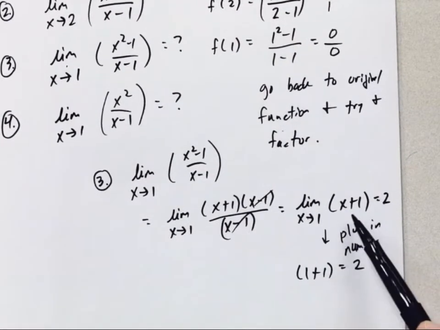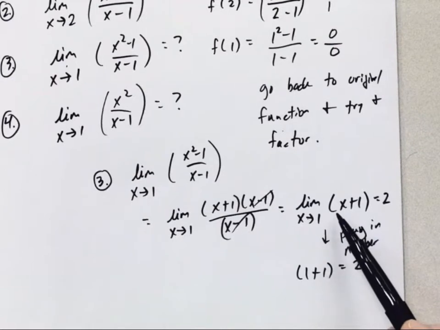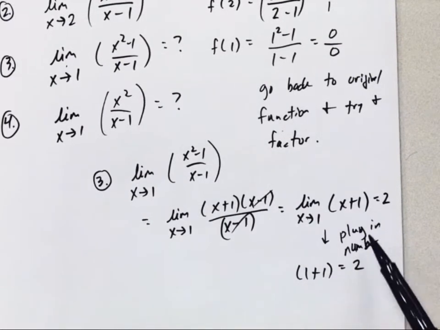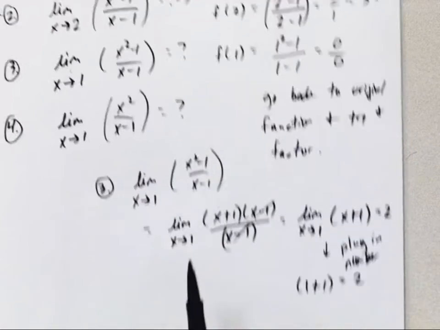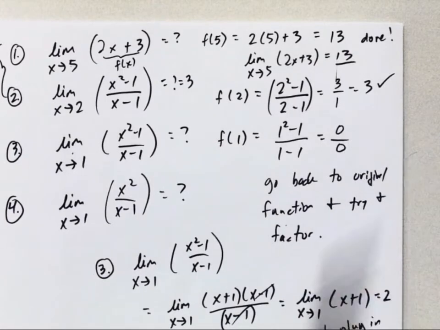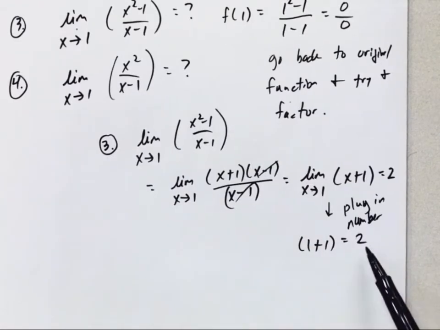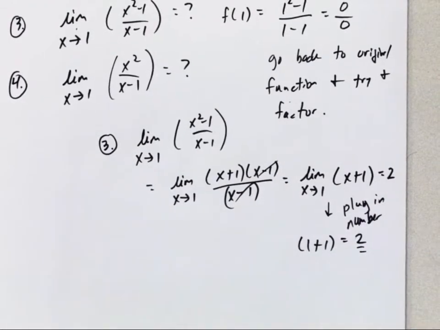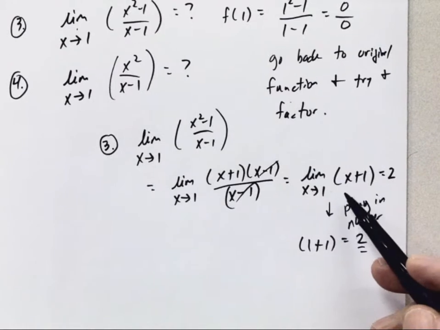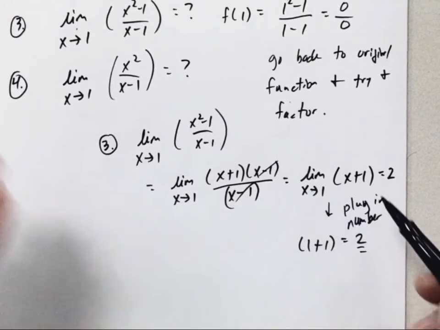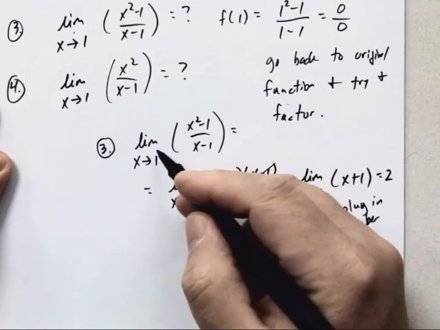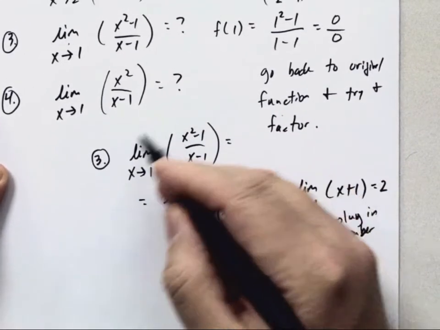And then once I take whatever's left, I go ahead and try the limit again. So I set x equal to 1, but in this case, instead of getting 0 over 0, I just get a nice number, which means I'm done. So the limit, to be totally correct, go back to my original question.